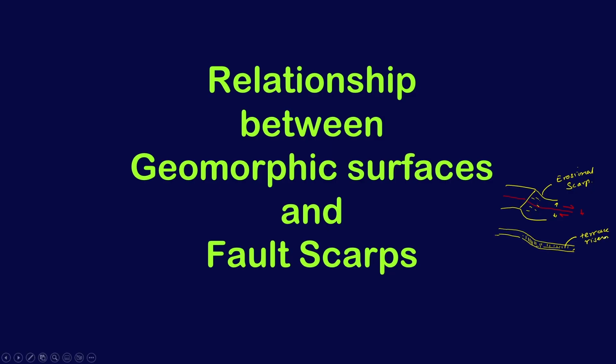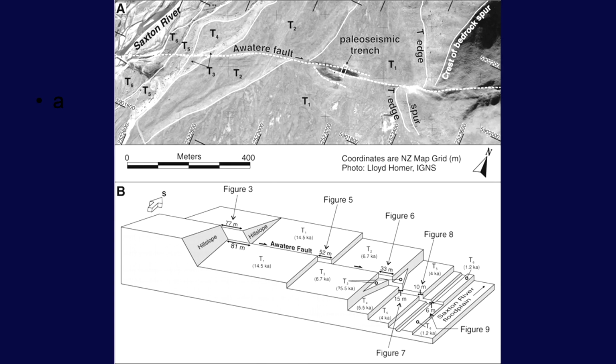This we will see, how we can have the correlation and what the relation is between the geomorphic surfaces and fault scarps. Okay. So, this is an example again from New Zealand. Okay. And what we see here is that the faulting environment is right lateral strike slip.